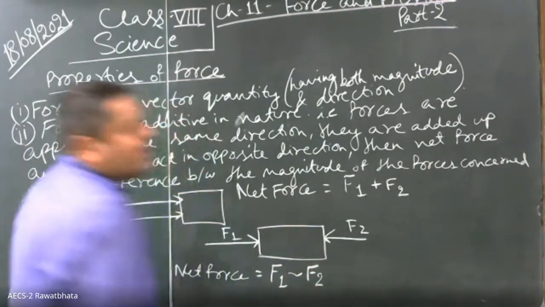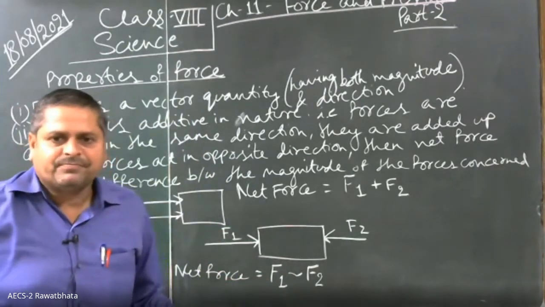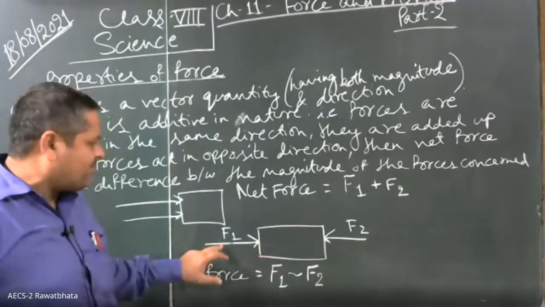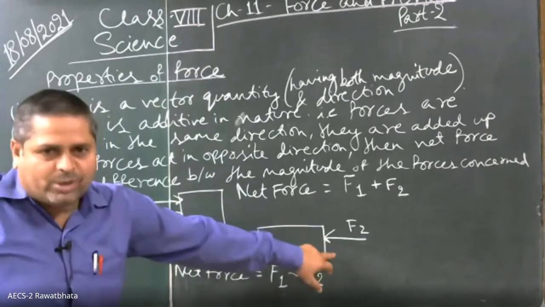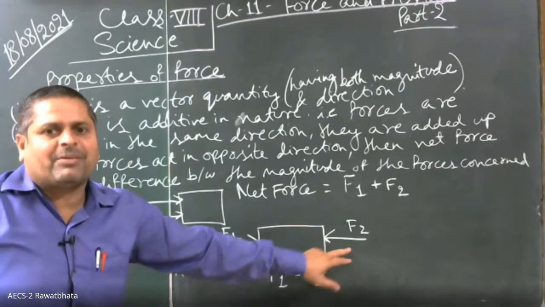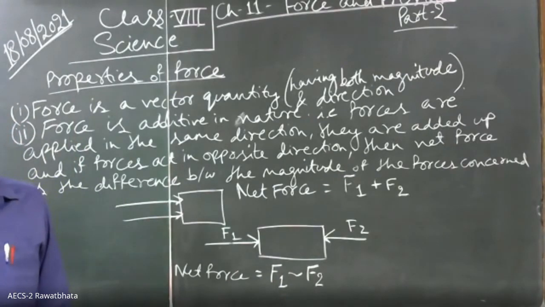It may be F2 minus F1 or F1 minus F2. Are you getting my point? If F1 is greater than F2, then the box will move in which direction? Left to right. And if F2 is greater, then the box will move from right to left. Is it understood?